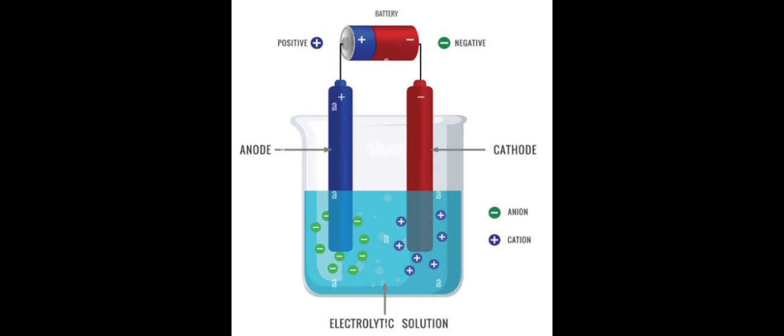As the electric current passes through, it causes these ions to gain or lose electrons, resulting in a chemical reaction. For example, when splitting water, hydrogen ions at the cathode gain electrons to form hydrogen gas, while oxygen ions at the anode lose electrons to form oxygen gas.